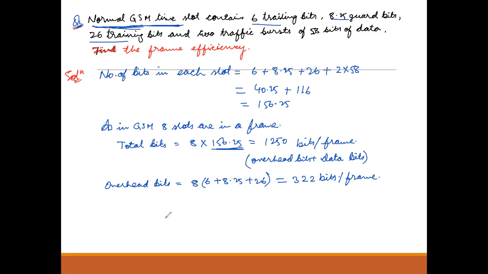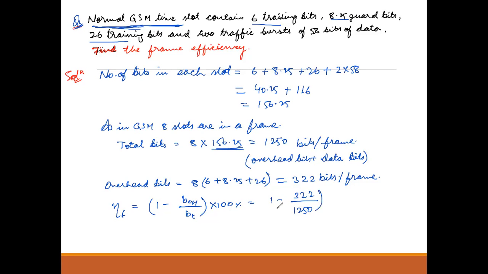So now what is efficiency? Efficiency of a frame is nothing but 1 minus overhead bits by total bits, into 100. So we will have 1 minus 322 by the total number of bits, which is 1250 bits per frame.